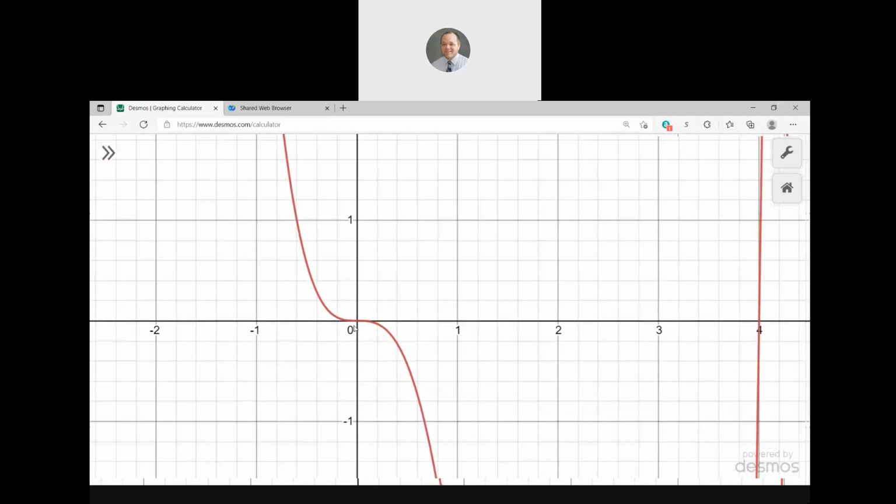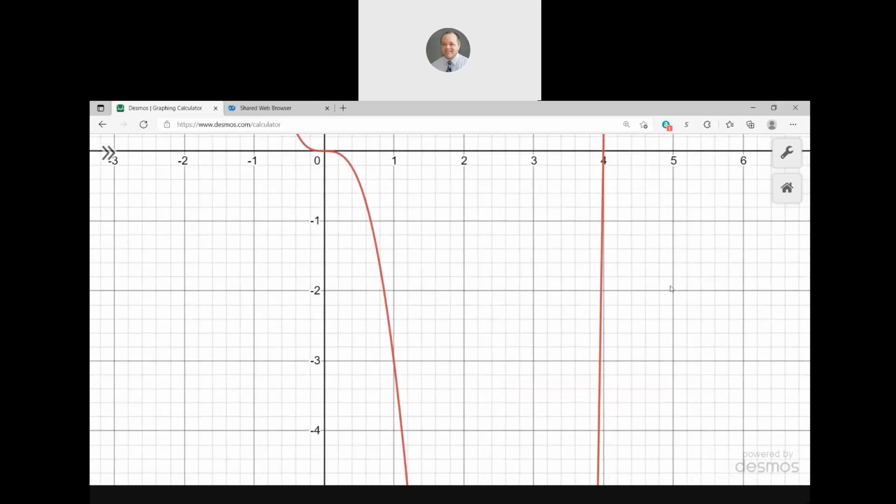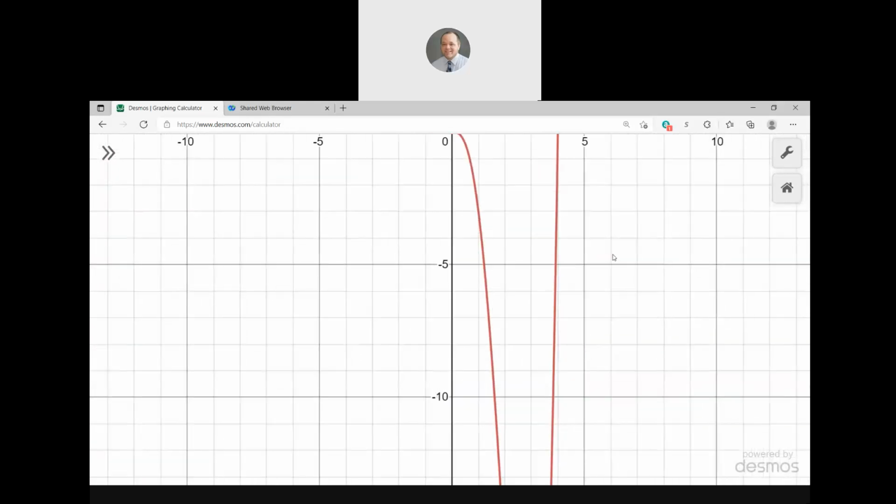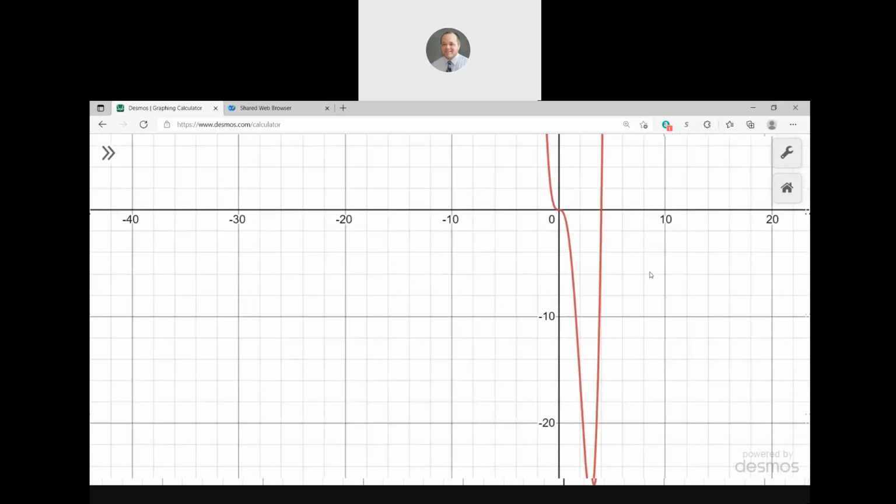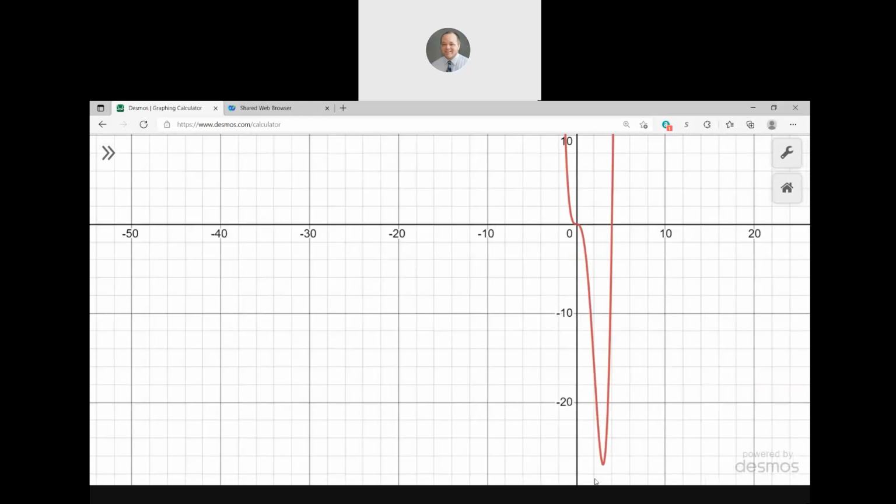Let's see here. Oh, I did not zoom out far enough. Our relative minimum point is way down here, and we determined it to be 3, -27. So the relative minimum is correct.